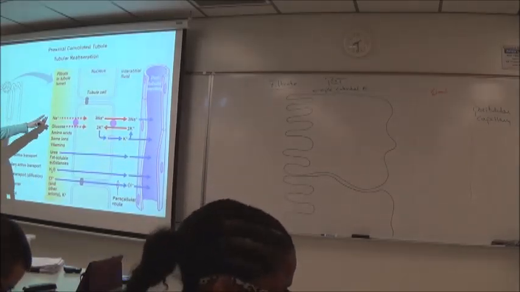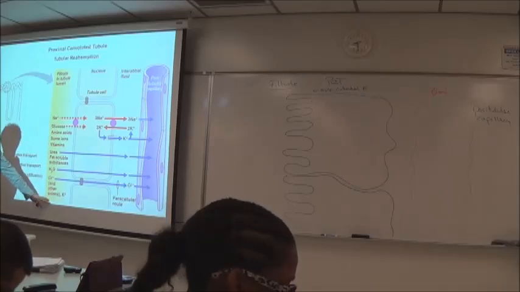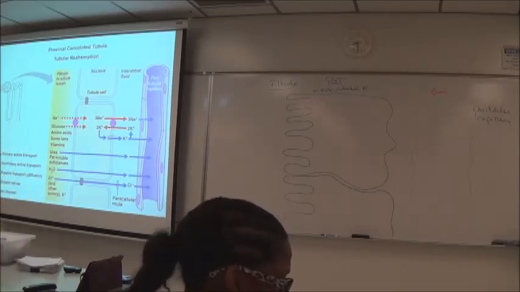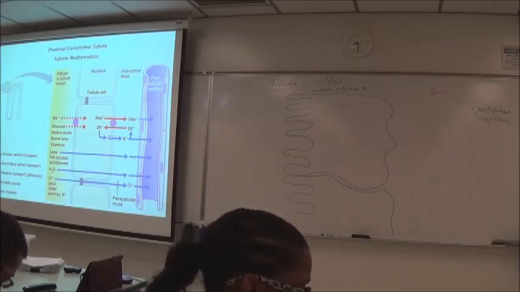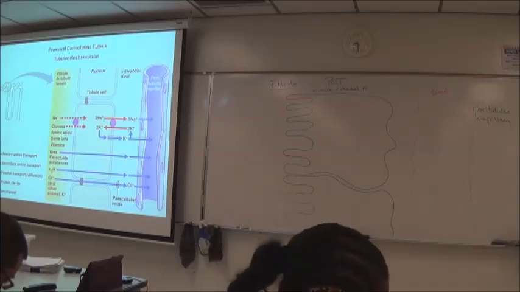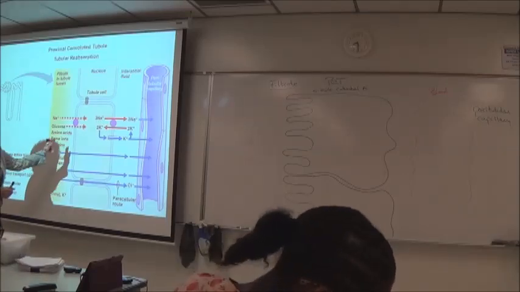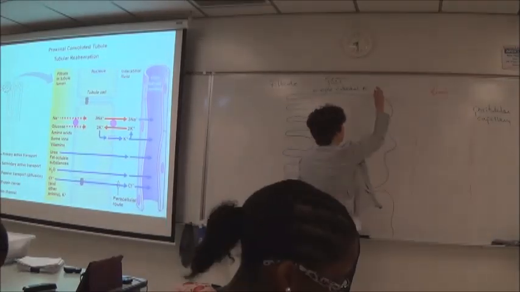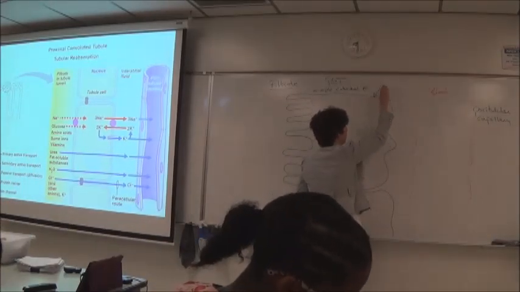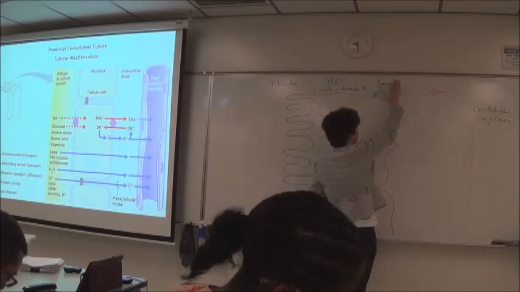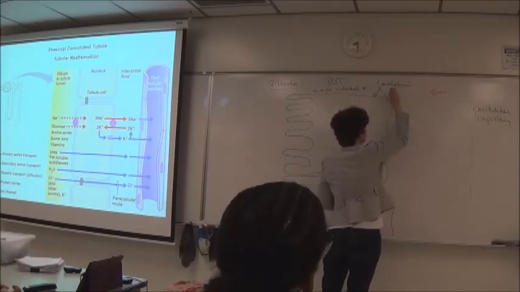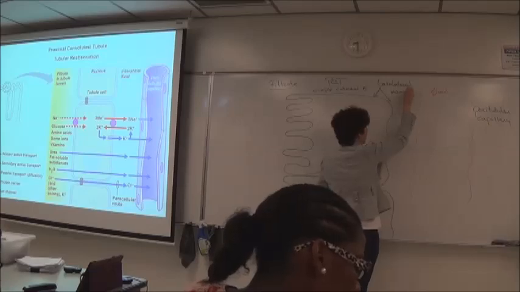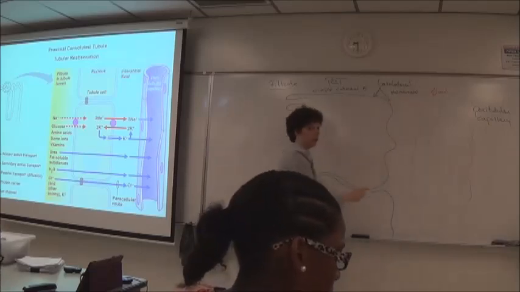So all of these components have been filtered across our filtration membrane, through the pores and across the basement membrane and in between the filtration slits. All right? So setting this up, we're going to start at the basolateral membrane. So this is identified as the basolateral membrane, and that surface area is increased by folds.